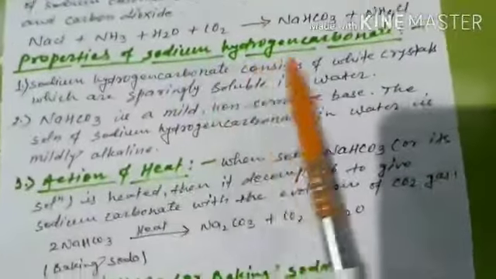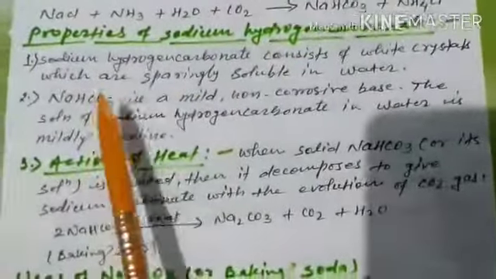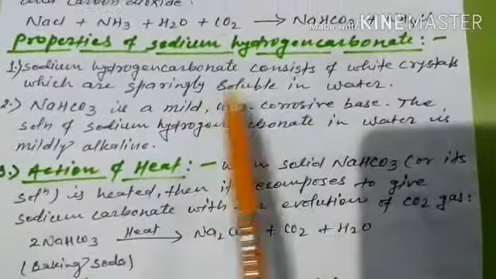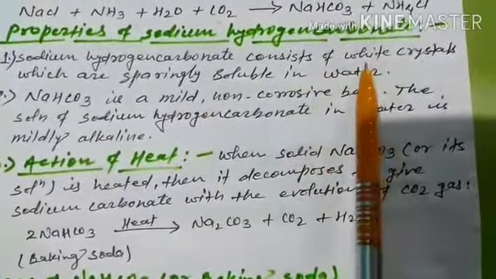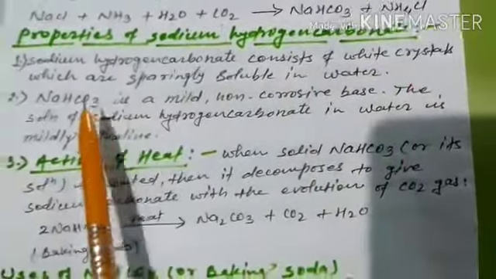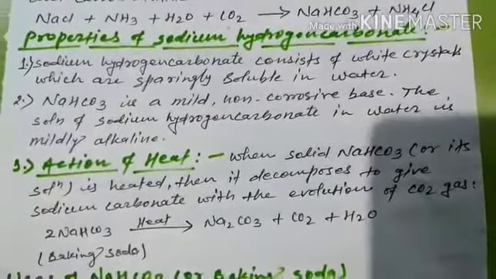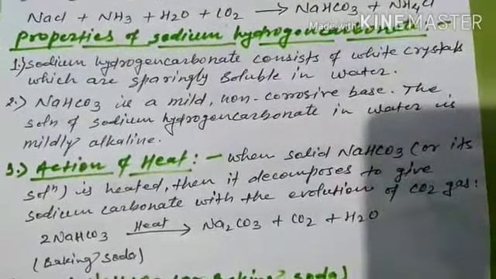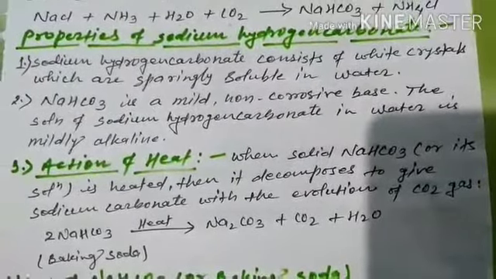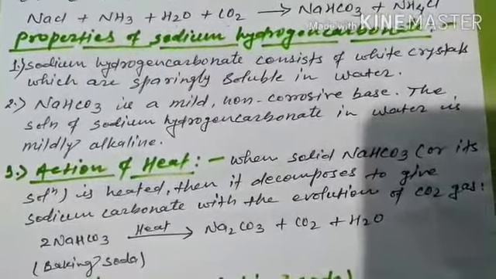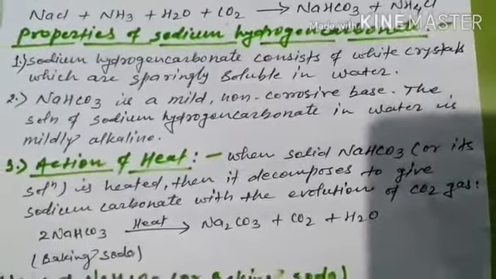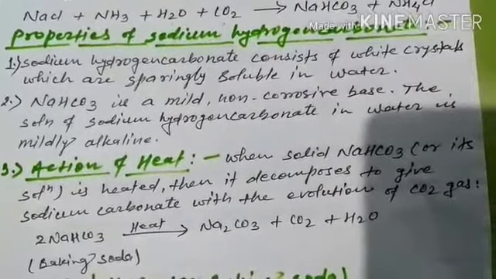Now properties of sodium hydrogen carbonate. Sodium hydrogen carbonate consists of white crystals which are sparingly soluble in water. So dear students, sodium hydrogen carbonate, meaning baking soda, is a white crystal which is sparingly soluble in water.